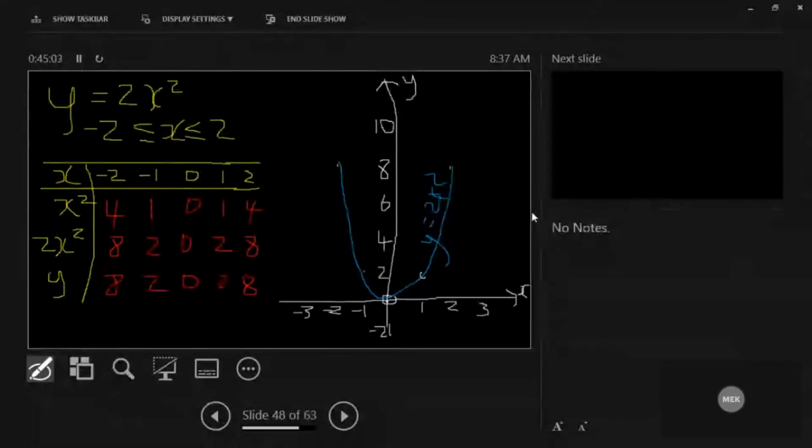All right, so let's start another one. So let's say we have y equals negative 3x squared. We're going to add something to it this time. We're going to say negative 3x squared plus 6x.